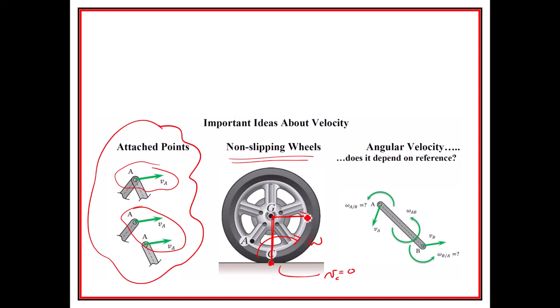In this instant, we could pretend this is in pure rotation about this point, and this velocity is just going to be equal to that omega times r_G with respect to C. And we'll find in a similar way, we've been using red a lot right here, this is the idea of the ICR that we're going to have in a couple of classes. Actually, it's going to be pointing more perpendicular to that, that we're going to find that velocity.